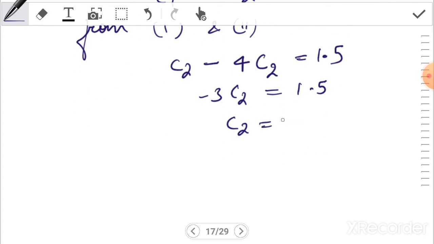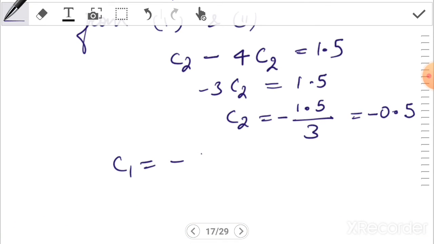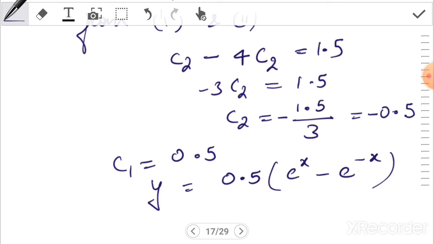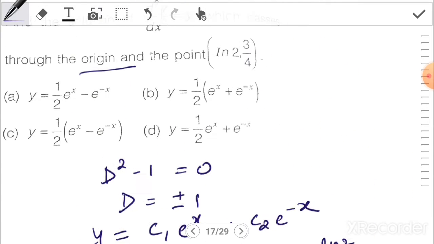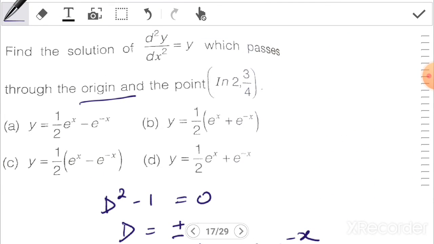So c2 is equal to 1.5 by 3, that is minus 0.5, and c1 will be equal to minus of minus 0.5, that is 0.5. So y is equal to 0.5 times e power x minus e power minus x. So that means C is the most appropriate answer. Okay. Let us go to the next problem.